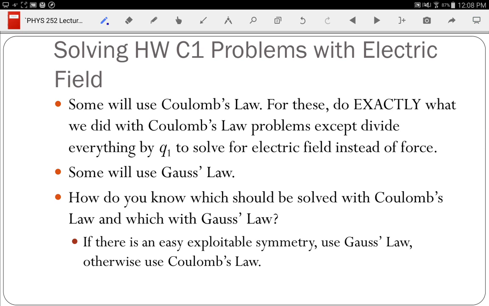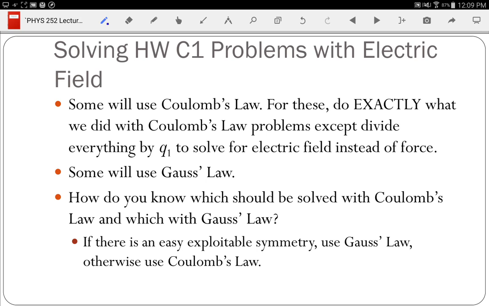So now the slide that I showed Tori when she came and asked me: now that we've looked at Gauss's law and we've looked at Coulomb's law, how do we decide which one to use for things like our homework problems? And it comes down to symmetry. If you have what I will call an exploitable symmetry, then the problem is going to be easier using Gauss's law, so use it.